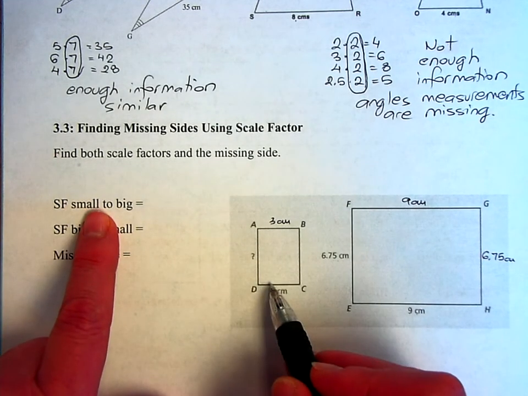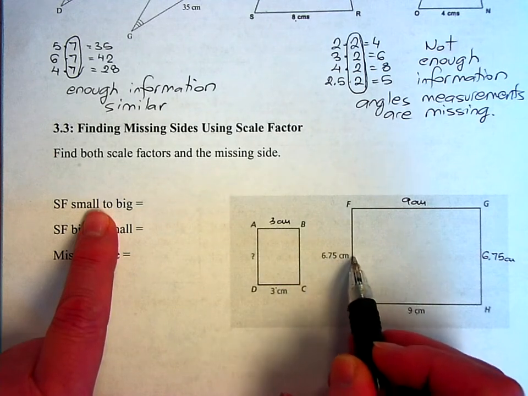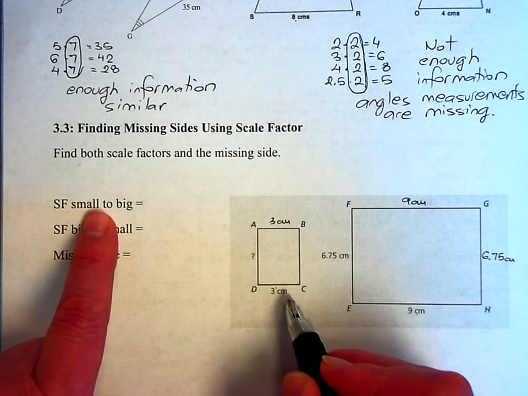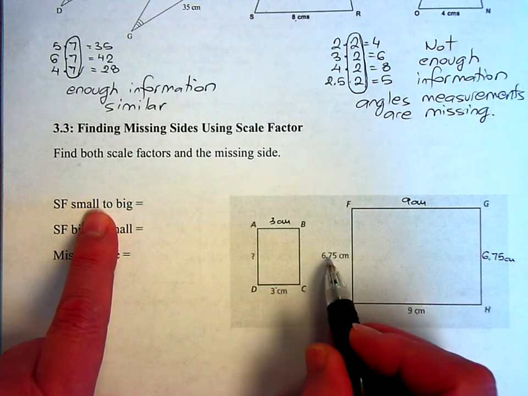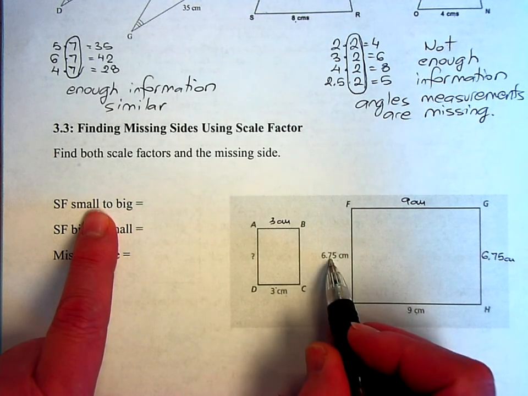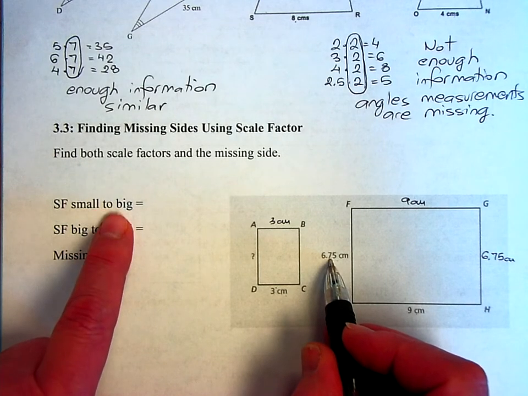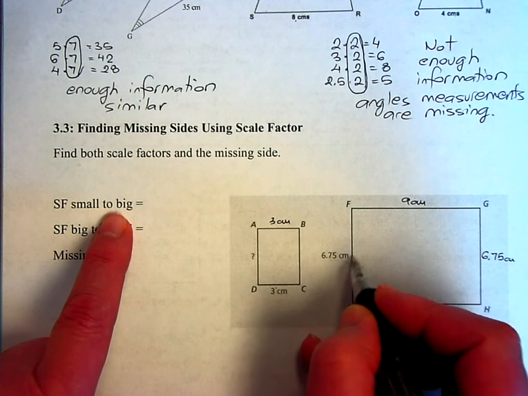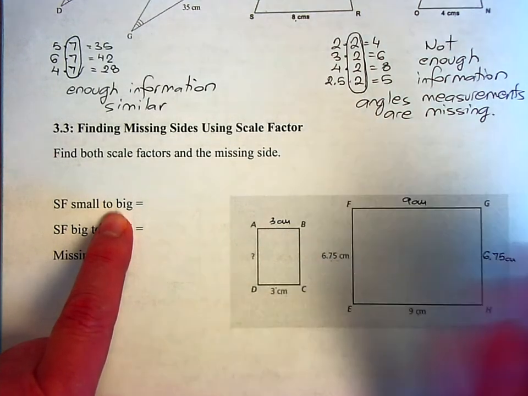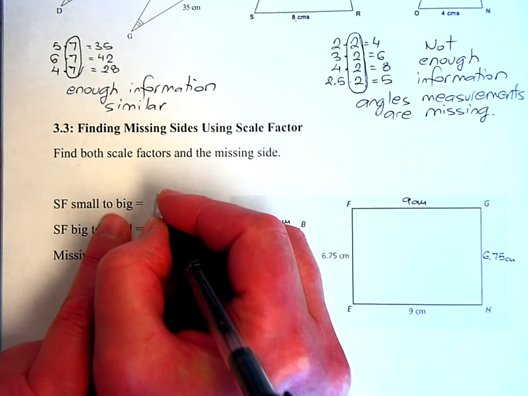If I go from the small shape to the larger shape, I need a scale factor bigger than 1, because I need to take 3 and multiply by a number bigger than 1 to get 6.75. So how can I divide these two numbers to get something bigger than 1? The larger side length has to go on the top.